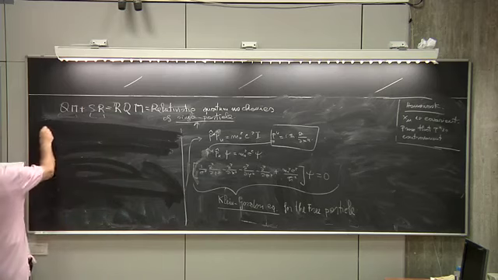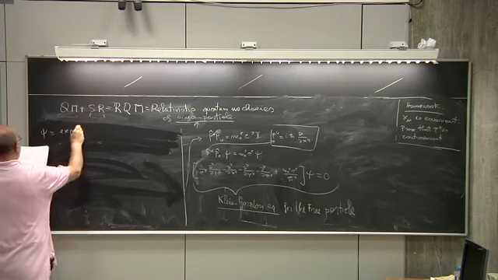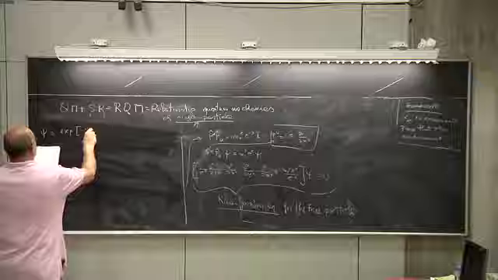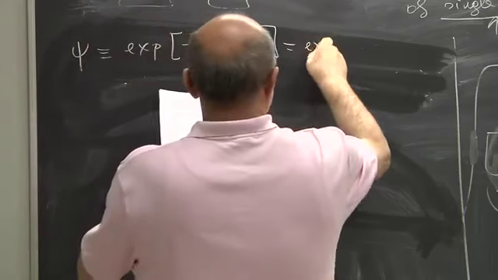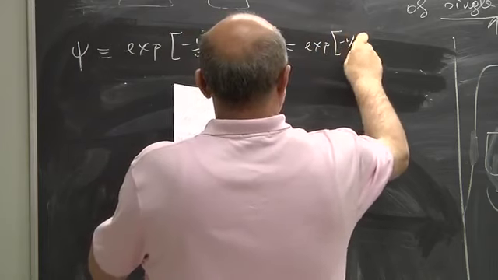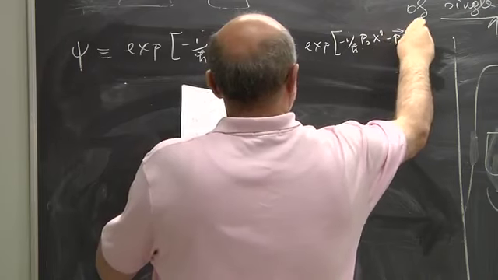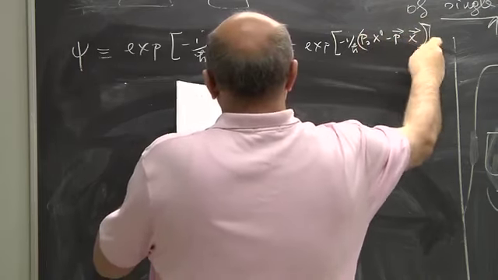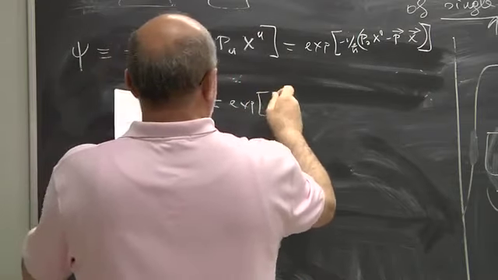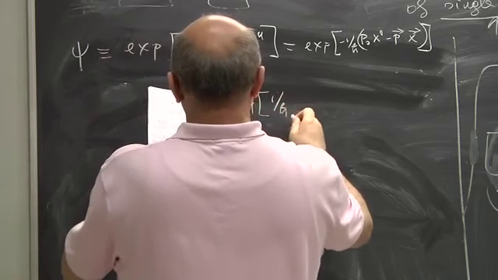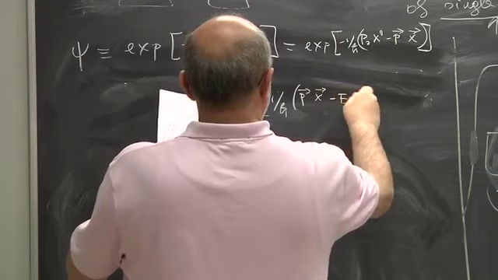I can prove to you, and I will, that the solution defined in the following manner, exponential of minus i over h bar P mu X mu, that means exponential of minus i over h bar (P0 X0 minus P times X), that is, exponential of i over h bar (P times X minus E times T).